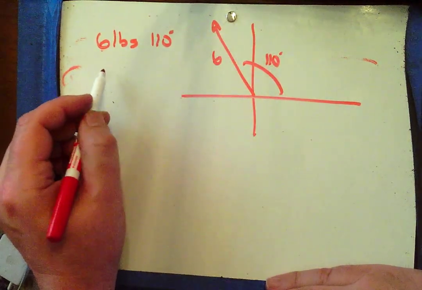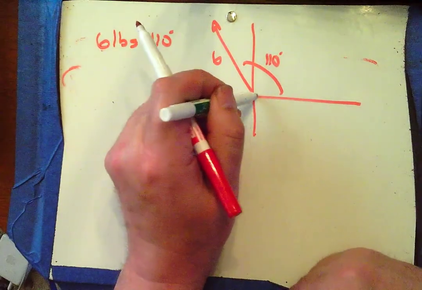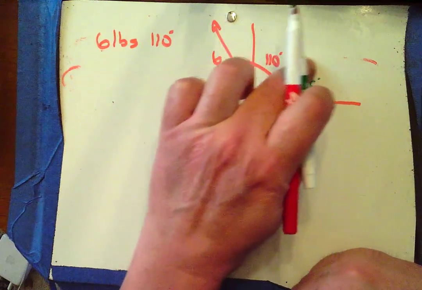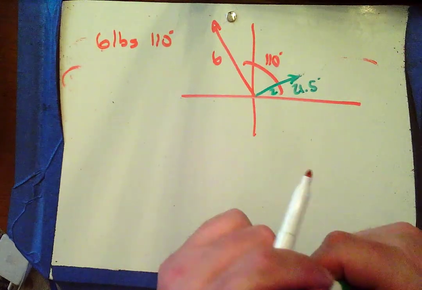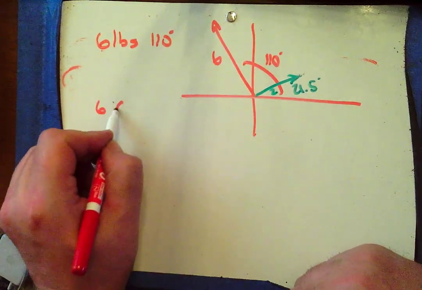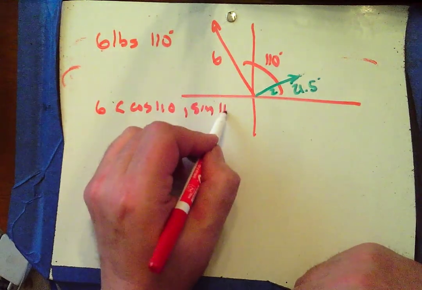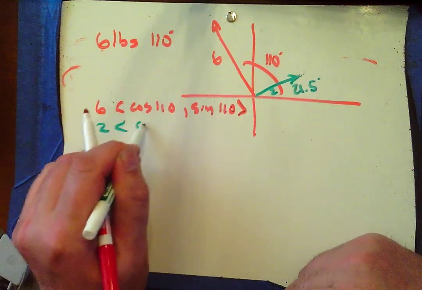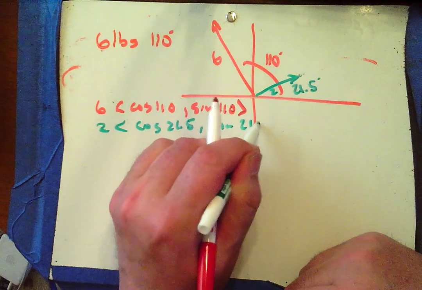And then we've got this other force that's 2 pounds at 21.5 degrees, and only 2 pounds, so it's much shorter. Okay, so 6 cosine 110 sine 110, and then the other one, 2 cosine 21.5 sine 21.5.